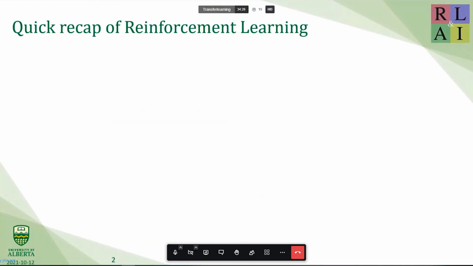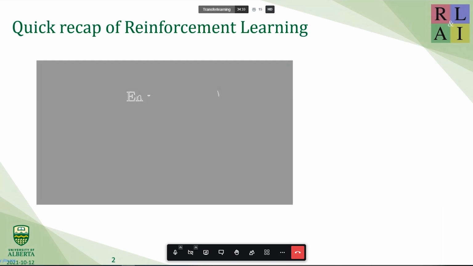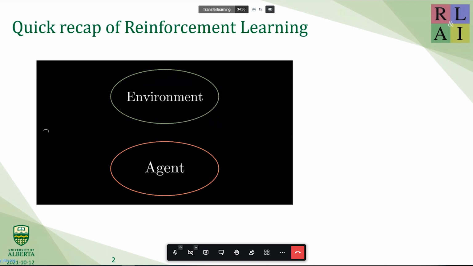So a quick recap of reinforcement learning for those among us who have not had the good opportunity of working with it. Reinforcement learning is about interactions between an agent and an environment. Namely, an agent, like a robot, is acting in an environment, for example, life itself, or a video game, or a financial market, or whatever environment you can think of.